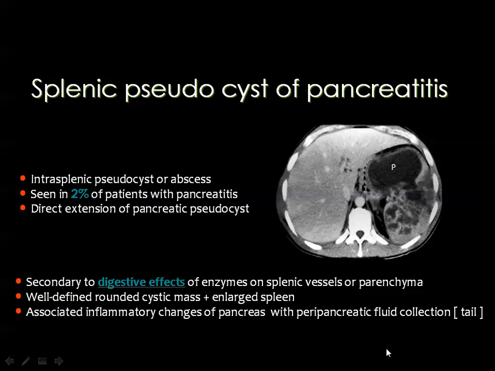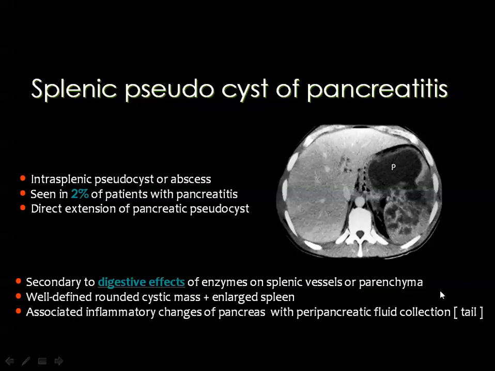Then in cases of pancreatitis, the inflammatory granulation tissue being adjacent to the spleen may spread inside the spleen, and it will result in multiple cystic lesions inside the spleen, and these are known as splenic pseudocysts of pancreatitis.